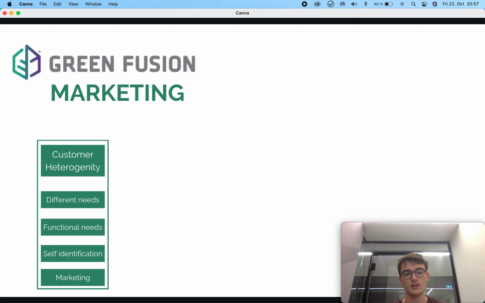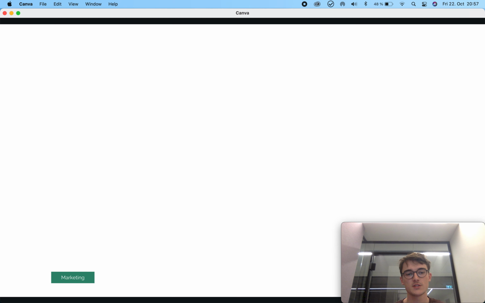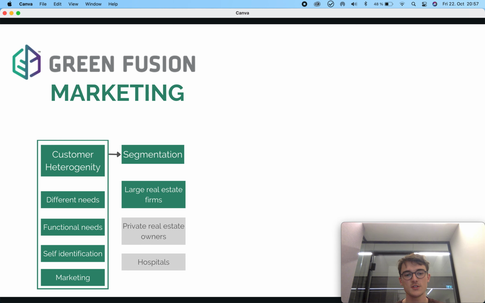And even though these are businesses, there's still self-identification, especially among the larger businesses, that they identify as modern, as forward-looking, as responsible, and part of this is reducing emissions, and for some companies also reducing costs for their shareholders. The marketing part I'm going to be getting back to later on. I'm going to be focusing on the segmentation first.